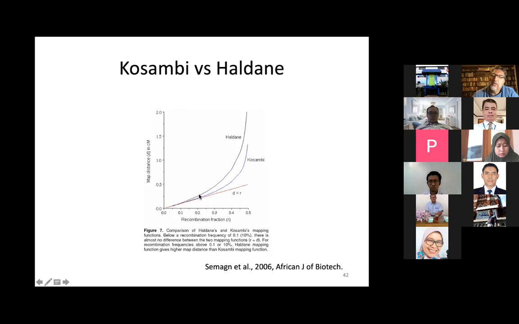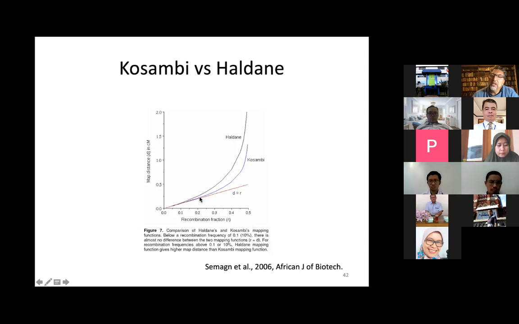The double crossover rate estimated in Haldane will be 0.2 times 0.2, so it'd be 0.04. So the distance estimated by Haldane will be 20 centimorgans plus 4 centimorgans. So it'll be 0.2 plus 0.04. So it'll be 24 centimorgans, for 20% recombination.